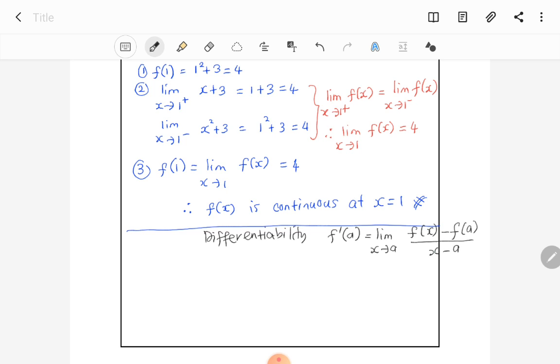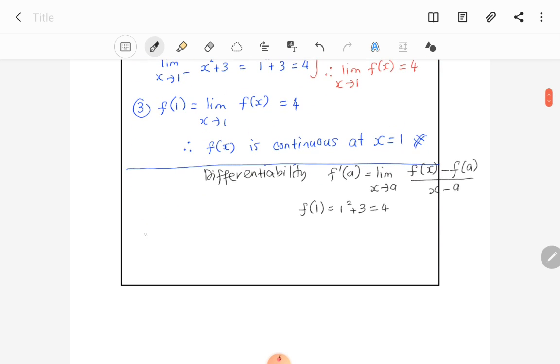And for this case, a equals 1. So, let us find f(1) first. f(1) equals 1 squared plus 3 equals 4. And first, we check the limit as x approaches 1 positive.